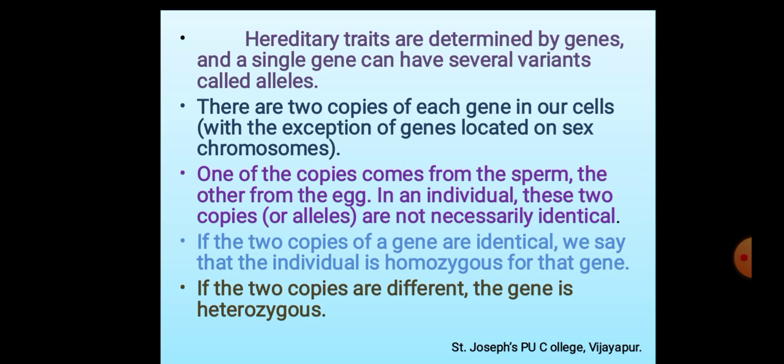In an individual, these two copies are not necessarily identical. If the two copies of a gene are identical, we say that the individual is homozygous for that gene. If the two copies are different, the gene is heterozygous.